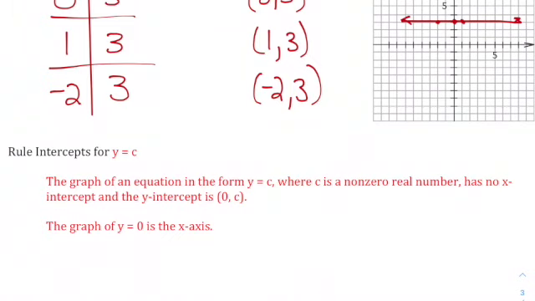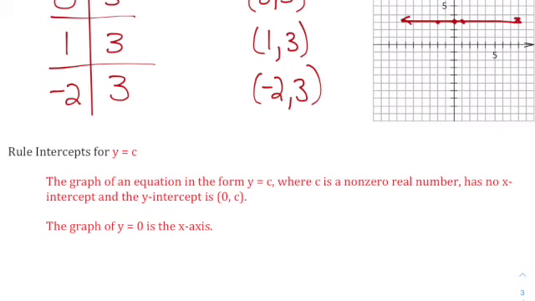So now for the rule: intercepts for y equals c. The graph of an equation in the form y equals c, where c is a non-zero real number, has no x-intercept. You guys can see that on the graph. And the y-intercept is (0, c).